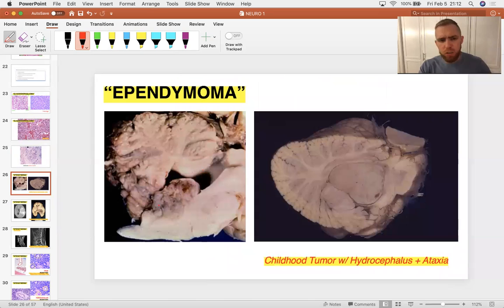Here it is grossly. You can see it right there in the fourth ventricle. Right there too, compressing the cerebellum so you can understand how this patient might have extreme difficulty, maybe standing on one foot or walking in a straight line, one foot in front of the other.